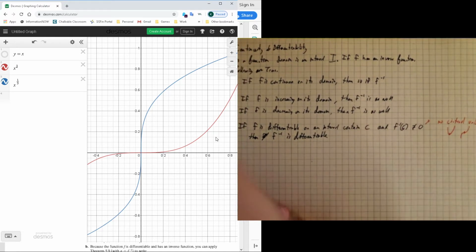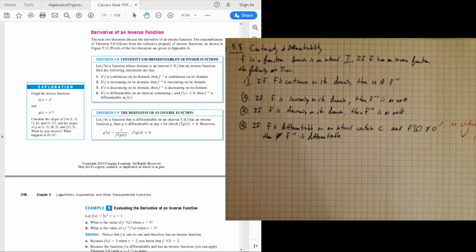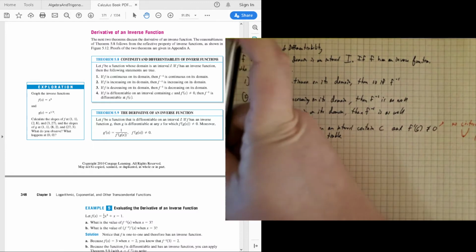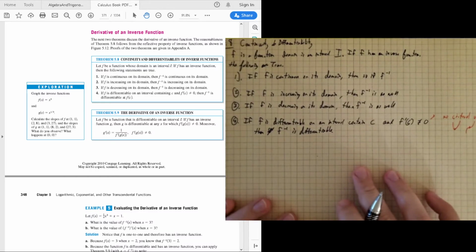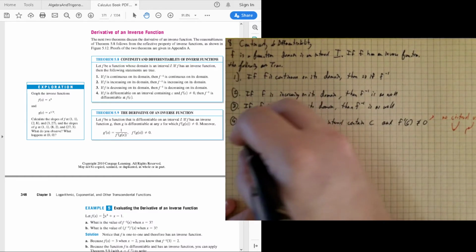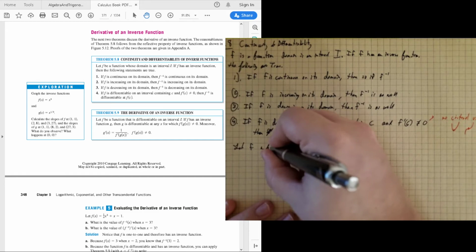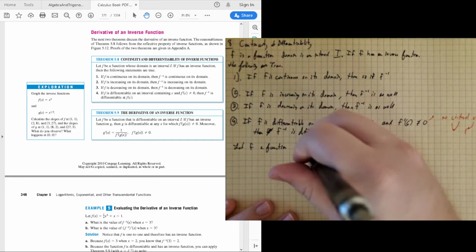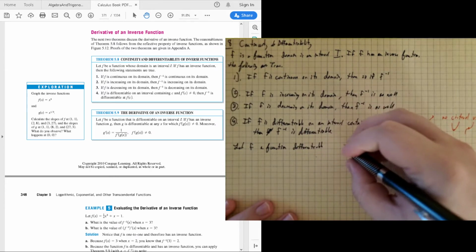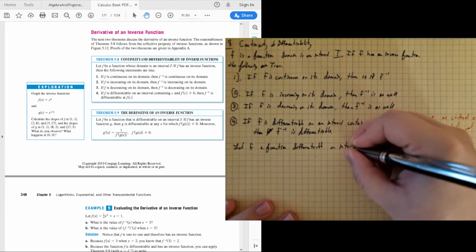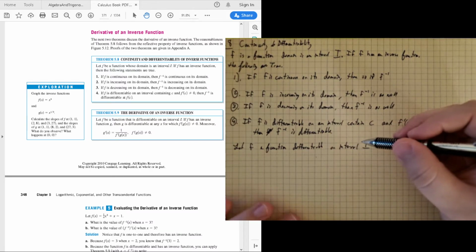Now, Theorem 5.9 is the best. It's where the majority of your homework's fun comes from. Theorem 5.9. It states, so all the same requirements, let f be a function that is differentiable on interval I. So again, it doesn't have to be differentiable on the whole thing, but just on this specific interval.